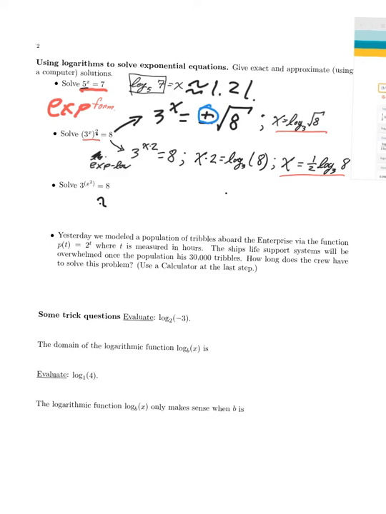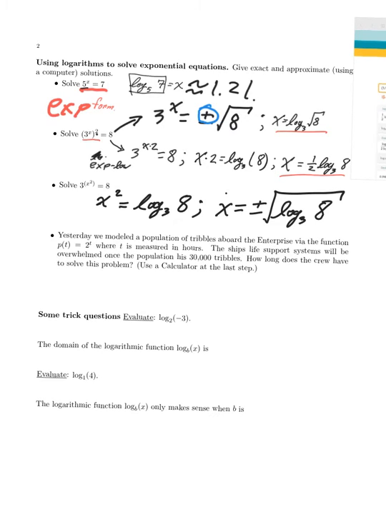So that will give me x squared is equal to the log base 3 of 8. And so I have to take the square root of both sides. x equals plus or minus the square root of the log base 3 of 8.